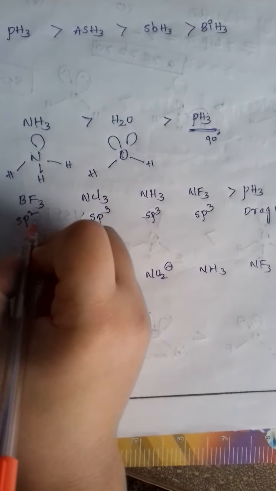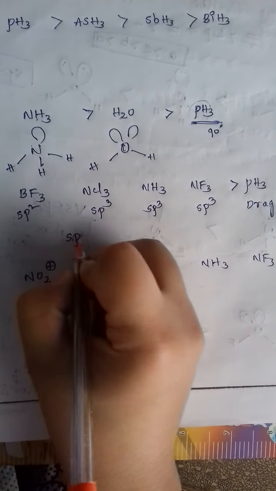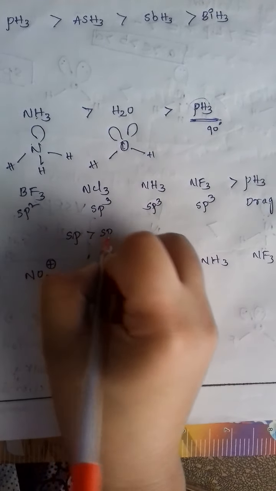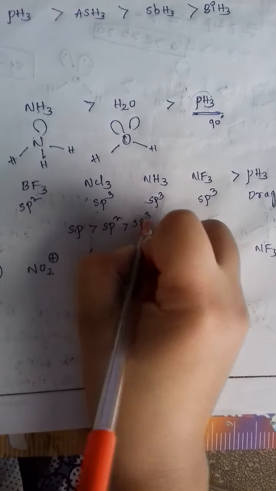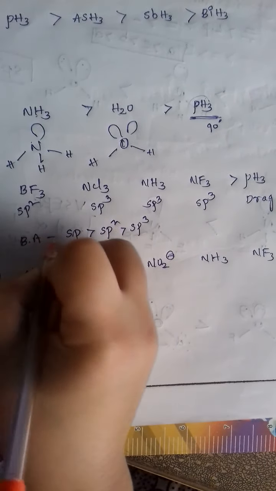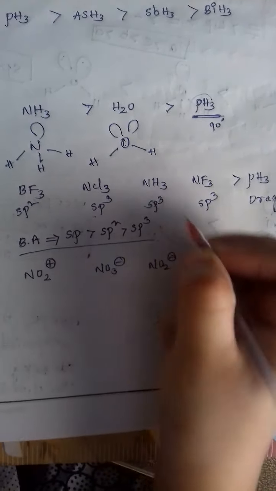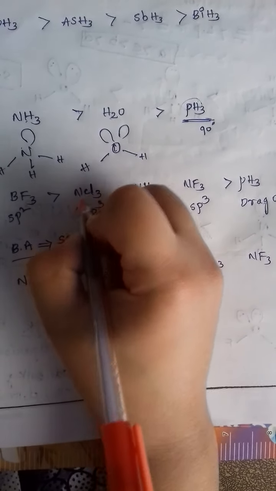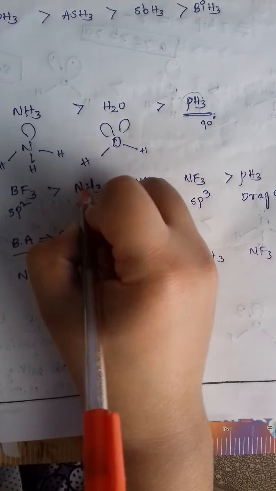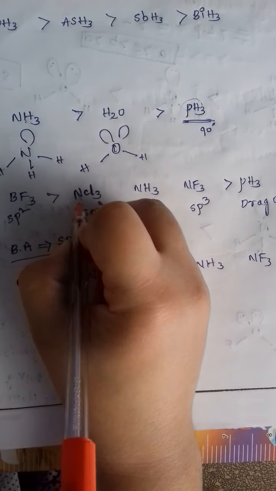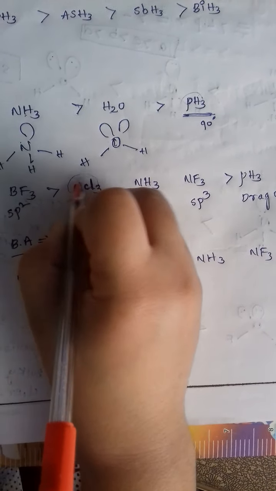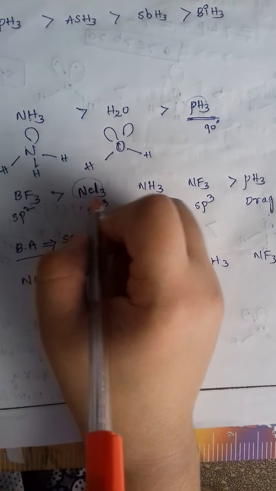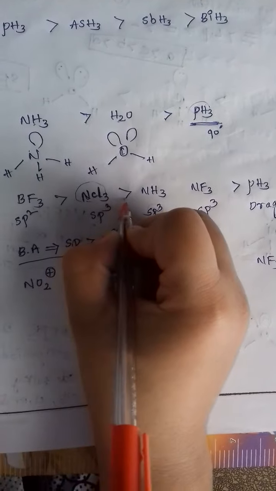Okay, sp2, we have seen electronegativity, and this is the bond angle trick, so sp2 will be more. Here we will see this is of the second period and this is of the third period, and it forms NBPER. So NBPER always dominates: NBPER increases, bond angle increases, so this we will prefer.